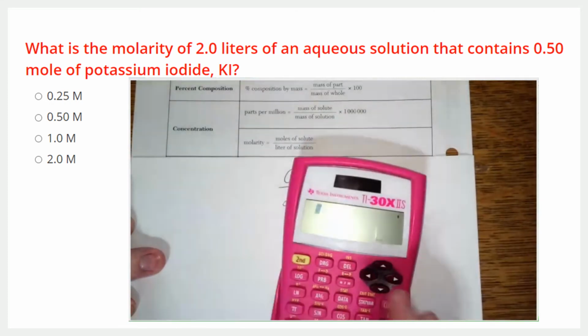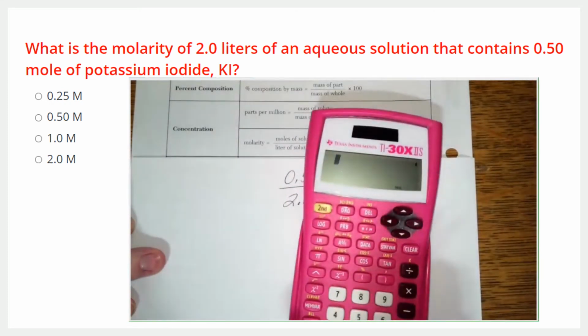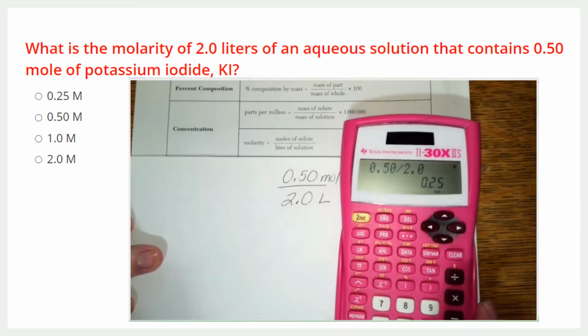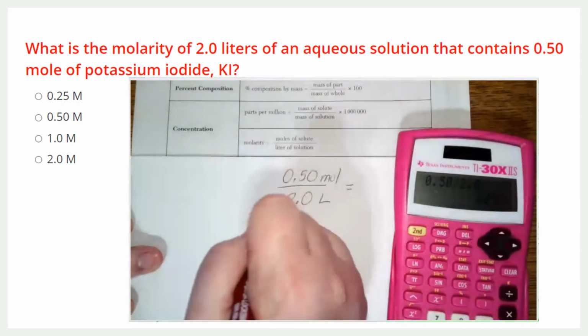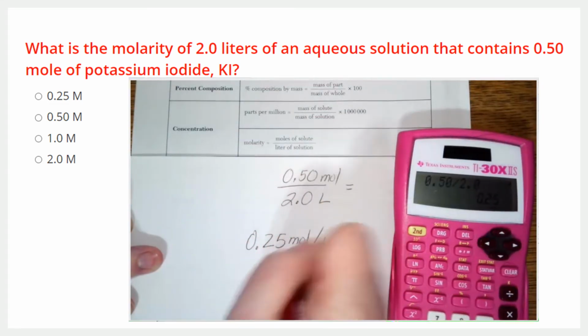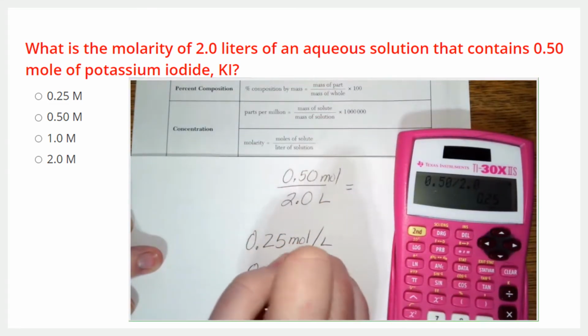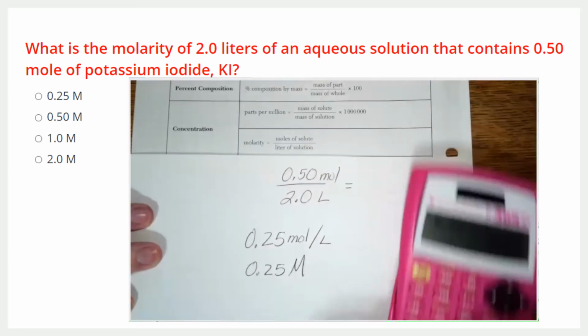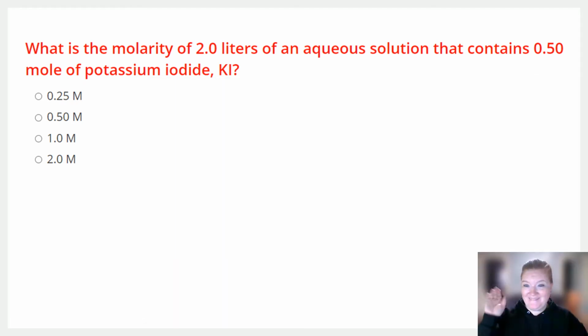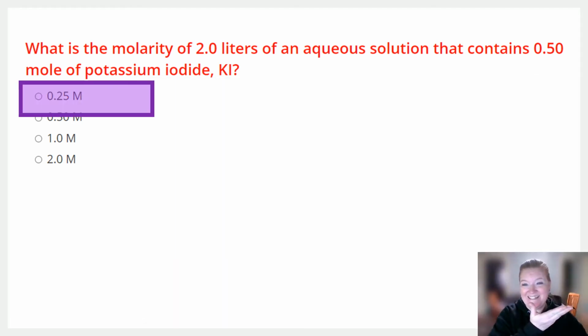Now I do this math, and I get 0.50 divided by 2.0 equals 0.25 moles per liter, or 0.25 molar with a capital M. And hopefully that looks like an answer. And there's our answer.